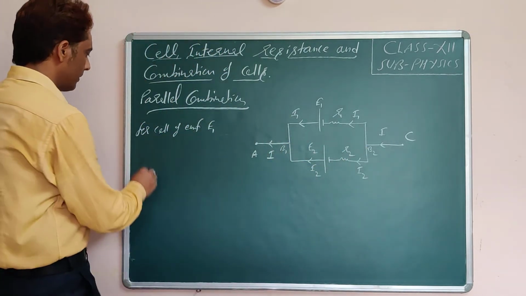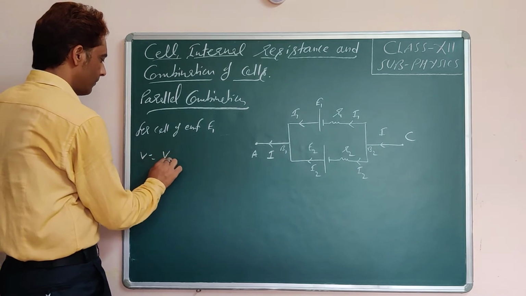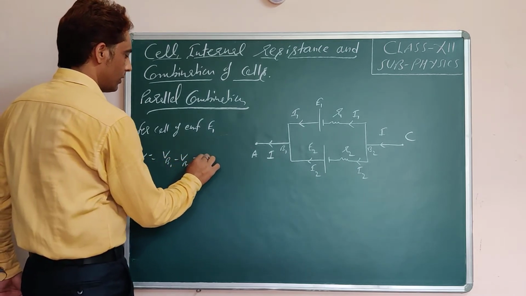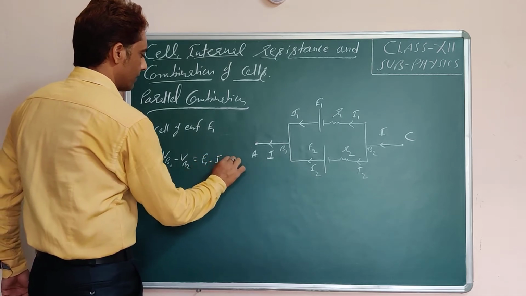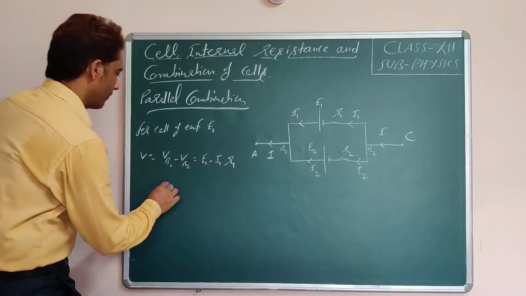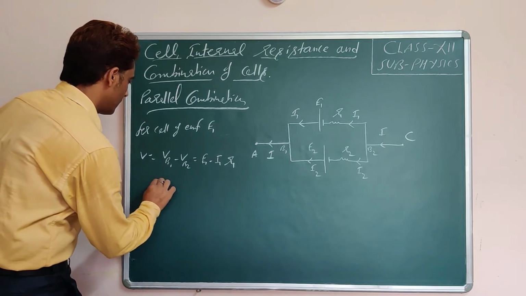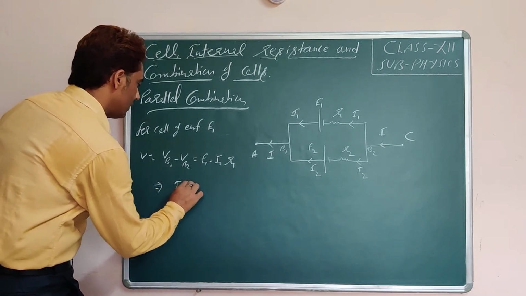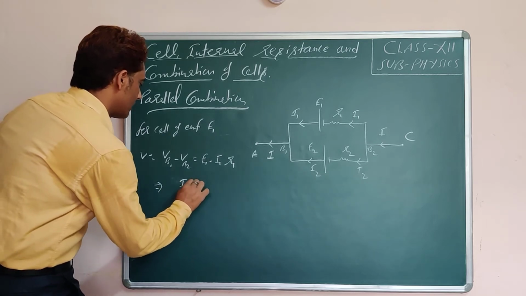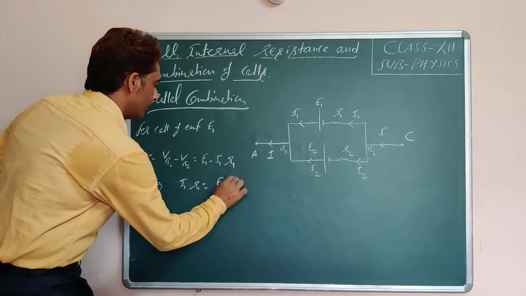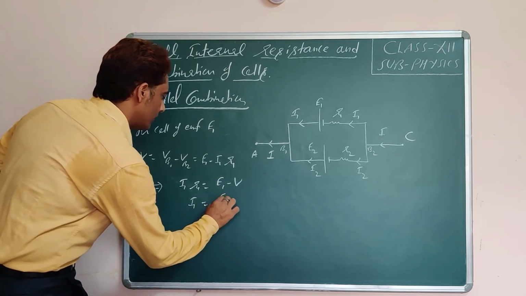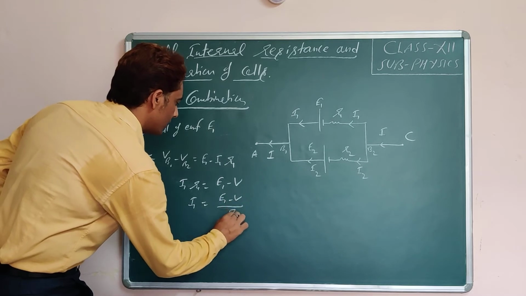So we can write V is equal to VV1 minus VV2, that is equal to E1 minus I1 R1. Or I1 R1 is equal to E1 minus V, or I1 is equal to E1 minus V over R1.